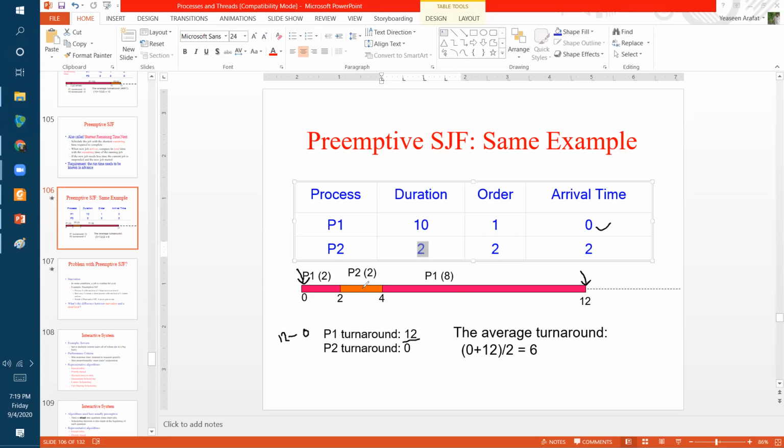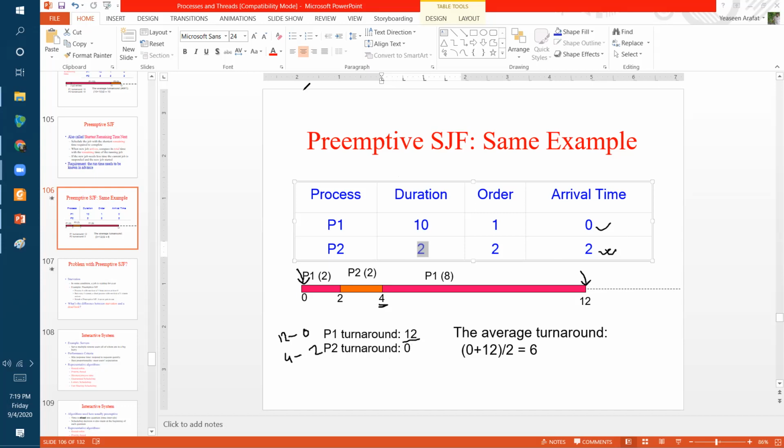But for P2, the end time is 4 minus its arrival time, 2. So 4 minus 2 equals 2.